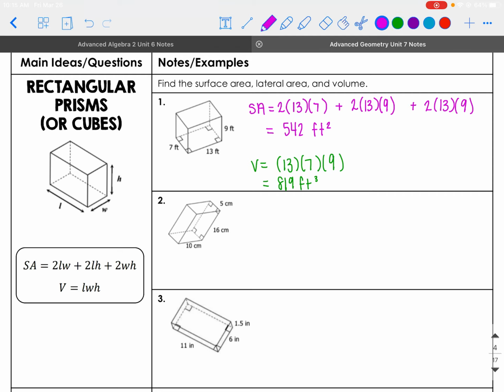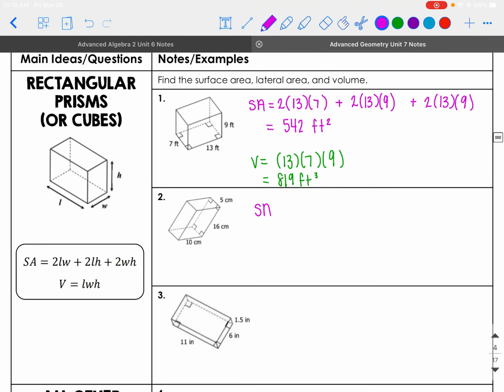All right, I want you to pause the video and try numbers 2 and 3. So on number 2, for the surface area, you should get 580 centimeters squared. And the volume, 800 centimeters cubed.